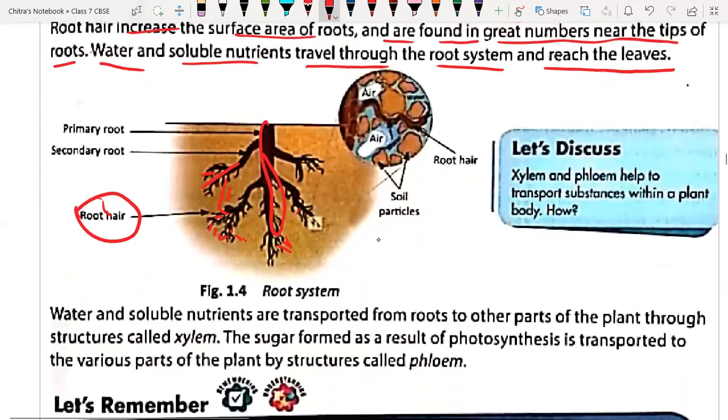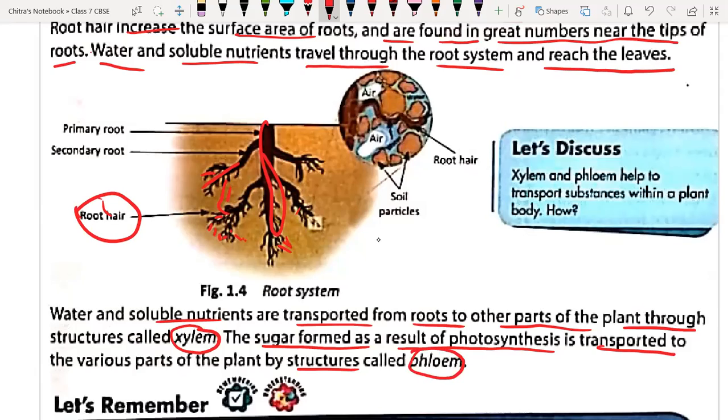Then those water soluble nutrients are transported from the root to various parts of the plant through the structure called xylem cells. So we have xylem cells in the plant. They help in transportation of water from the root to various parts of the plant, and the sugar formed as a result of photosynthesis is transported to various parts of the plant by the structure called phloem cells or phloem tissue.